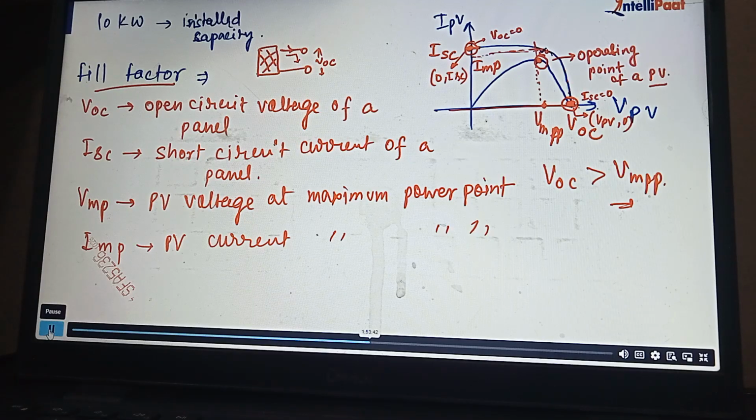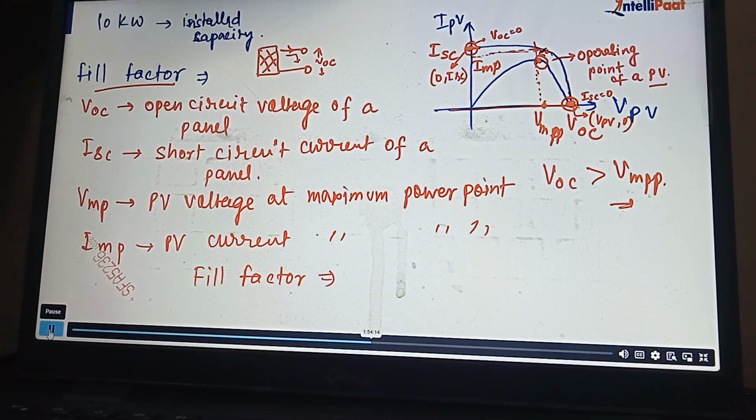So what would be the fill factor now? If I am going to derive the fill factor, what is fill factor?